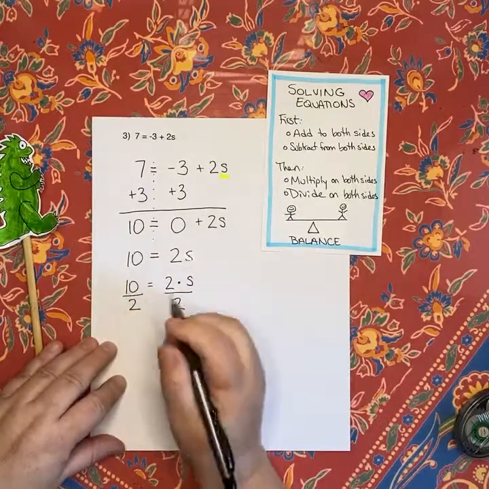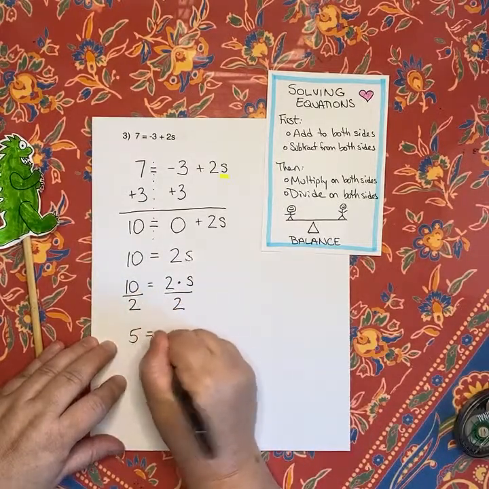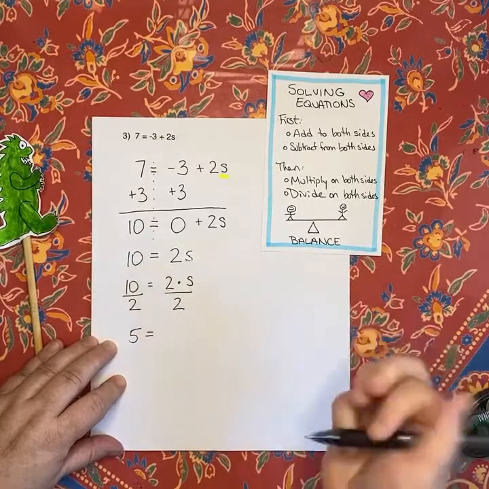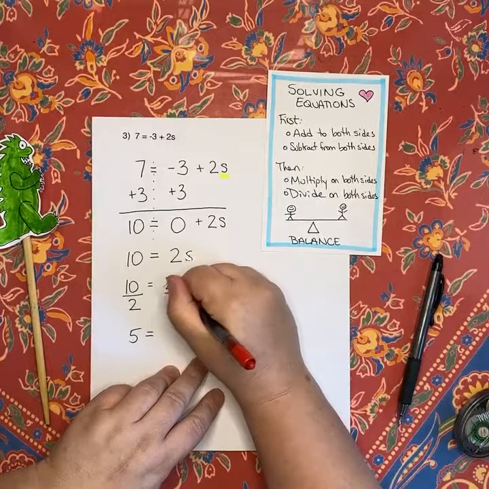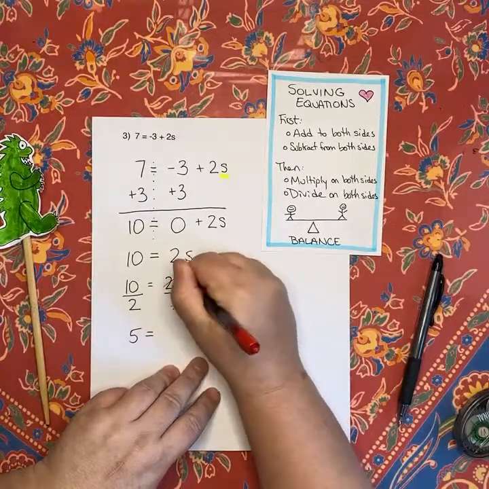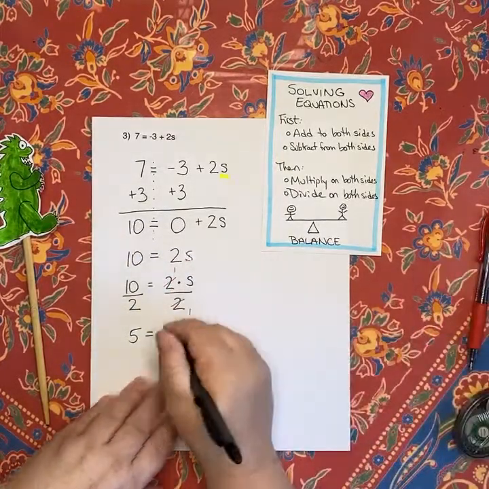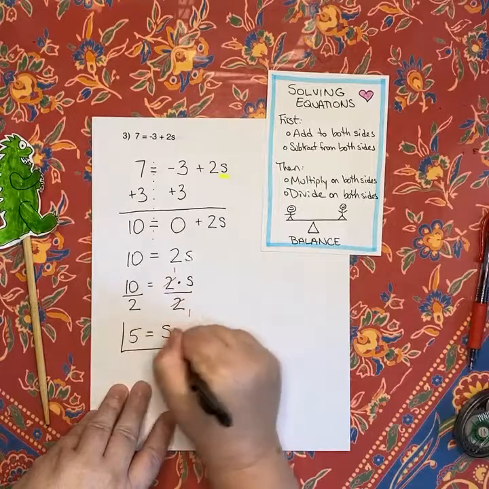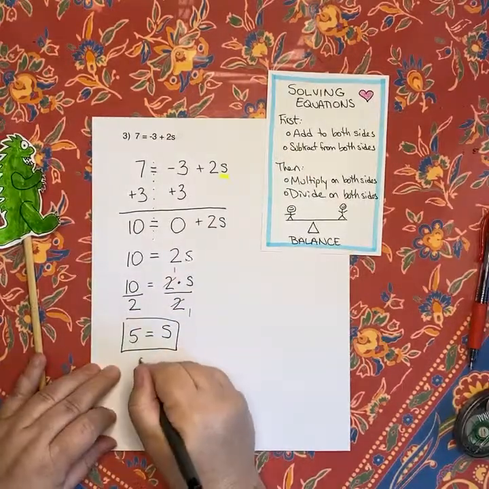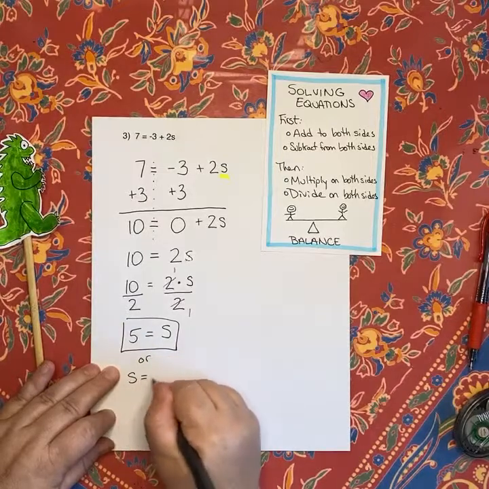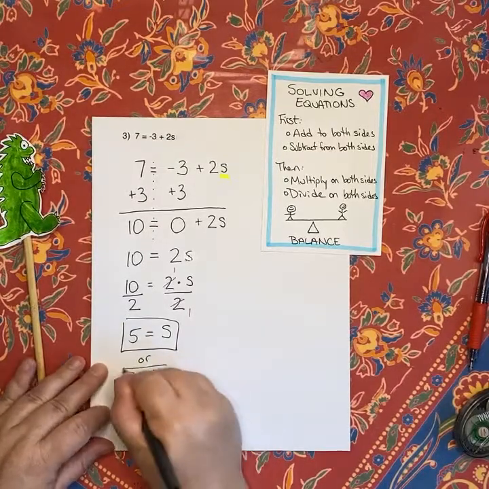So I've got 10 divided by 2, which is 5. Over here, 2 times s divided by 2. You don't have to write it in, but if it helps to remember, I'm going to cancel the 2's. And then I've just got s. s equals 5. Yay!